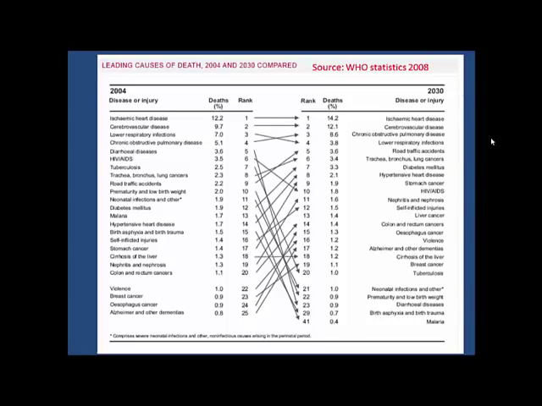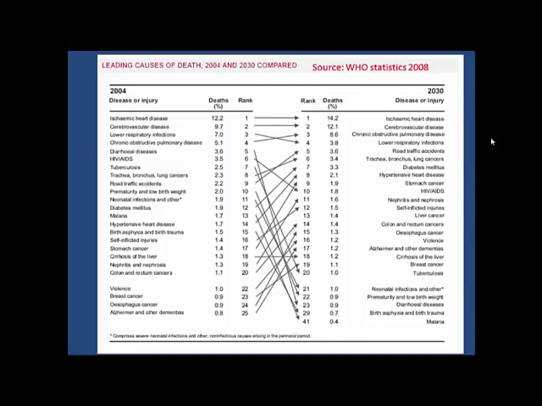However, infectious diseases are not that far behind, starting with the lower respiratory infections, the pulmonary infections, diarrheal diseases, HIV, TB, and so on. And you can see that even though by 2030 a lot of these infectious diseases will be lowered in their significance according to WHO, they'll still have a high relative rate of death compared to some other diseases.